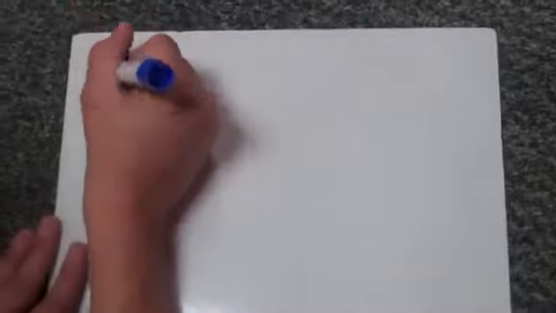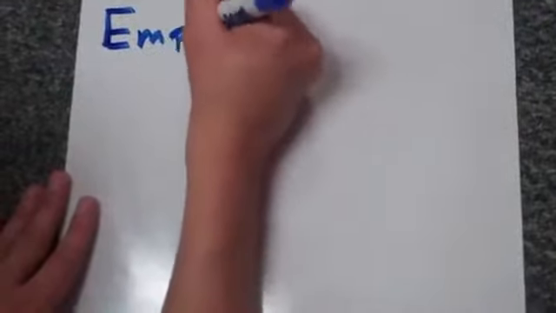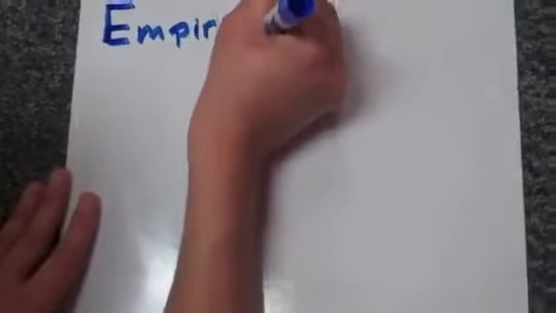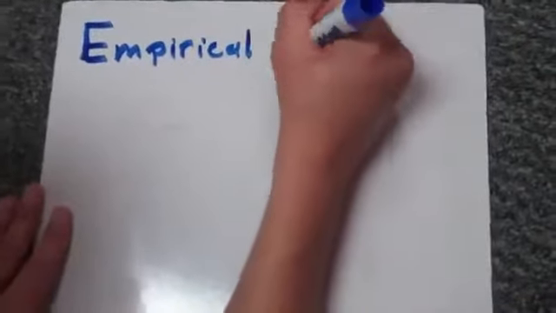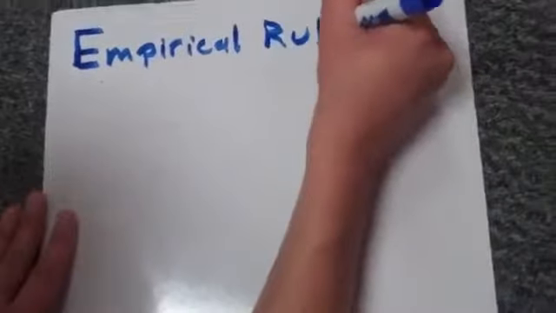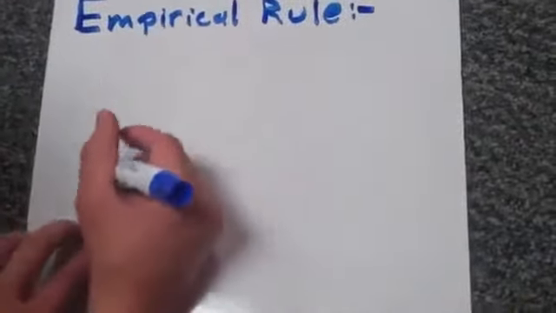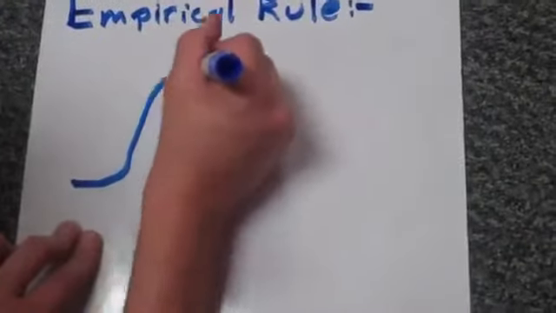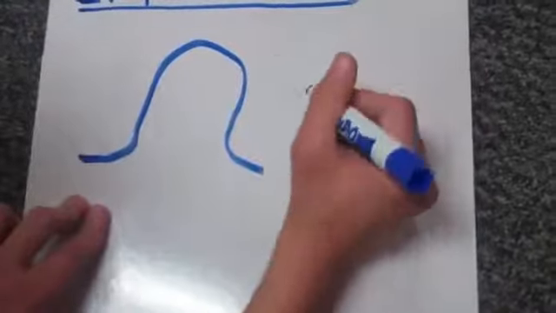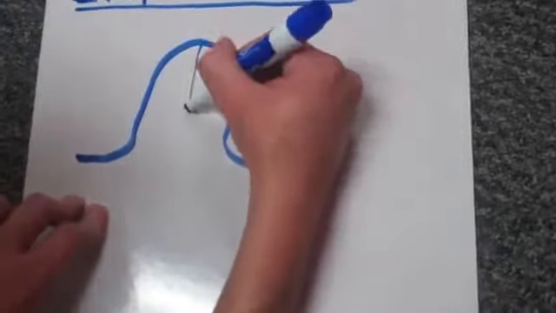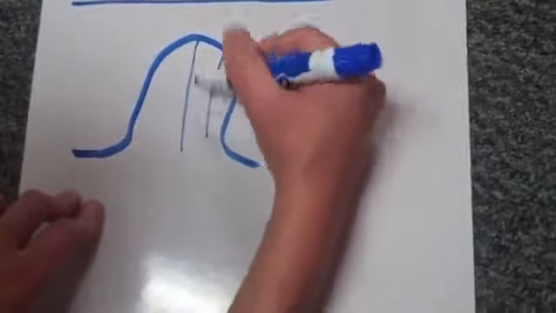So, I'm going to be teaching you guys the empirical rule. Sounds kind of complicated, but to be honest, it really isn't that complicated. So basically, all normal curves follow this one rule, where a certain amount of data will be distributed within a certain percentage.